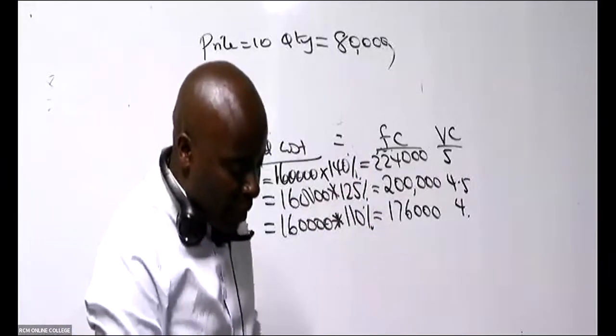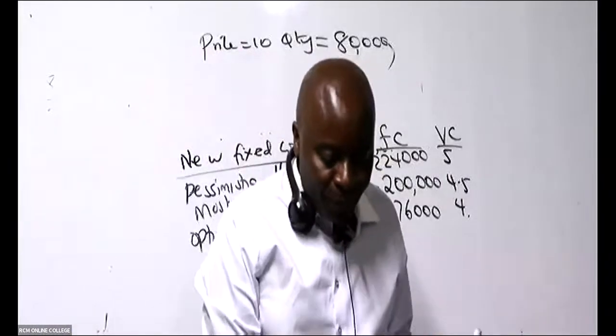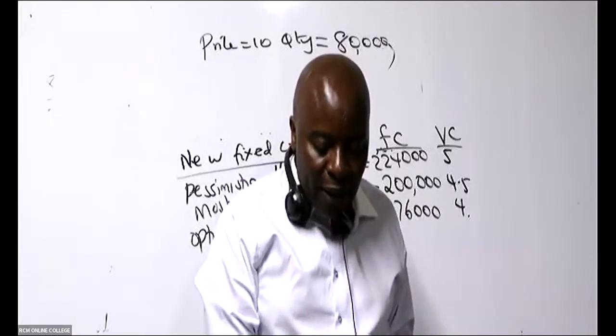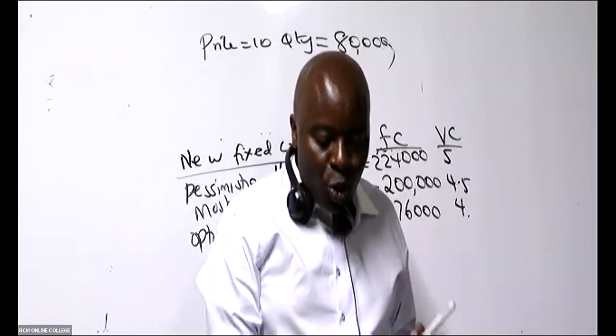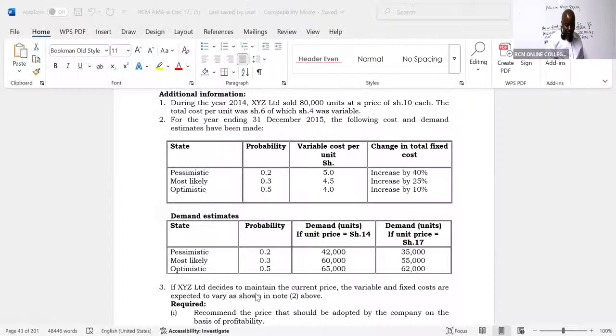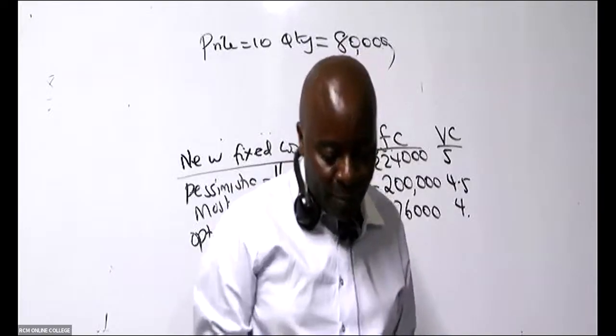They're not giving us any information about new quantities should we decide to sell at the 10 bob. If XYZ Limited decides to maintain the current price, the variable and the fixed costs are expected to vary as shown in note 2 above, and nowhere are they giving us information about this 80,000 quantity varying. So not a problem, ladies and gentlemen. We are wise people. We shall provide the 3 profits.